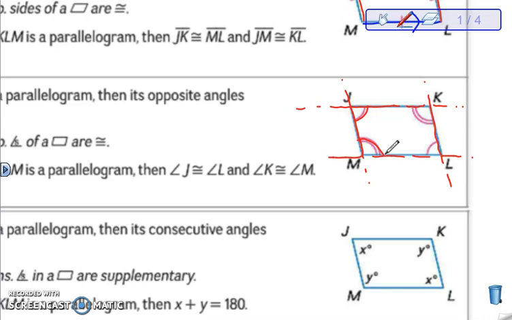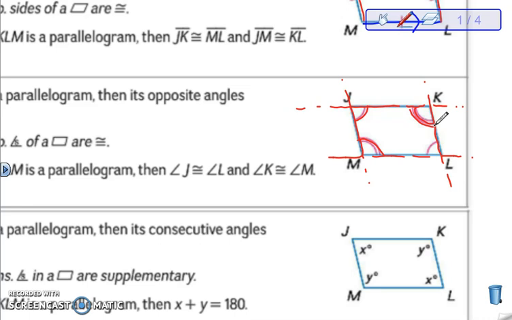Well, if the sides on the left and right are also parallel, then angles J and K are also same side interior angles, which means that those two angles are supplementary as well. So if you notice, two angles on the same side of the parallelogram will always add up to 180 degrees.